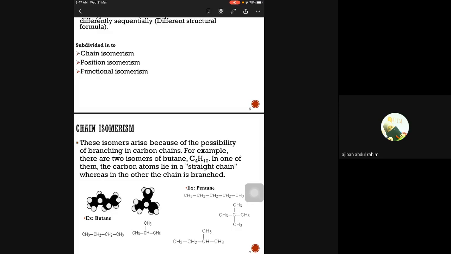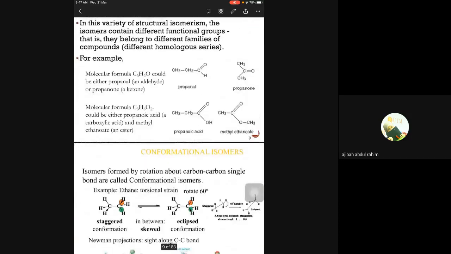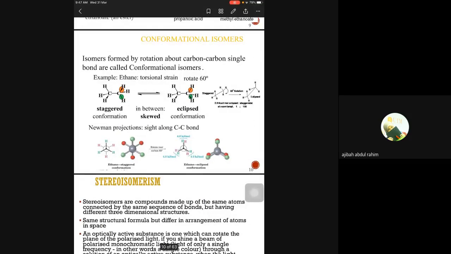So that is the constitutional isomers. And then conformation is when you rotate the carbon-carbon single bond at 60 degrees. This can be easily shown using the Newman projection and also the sawhorse projection.